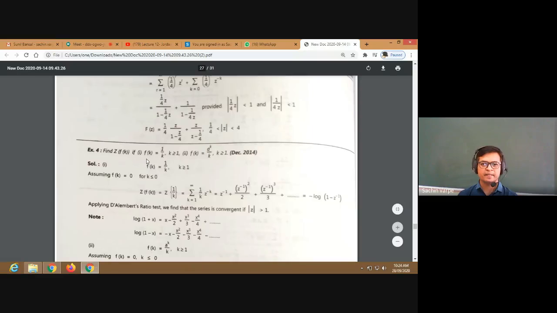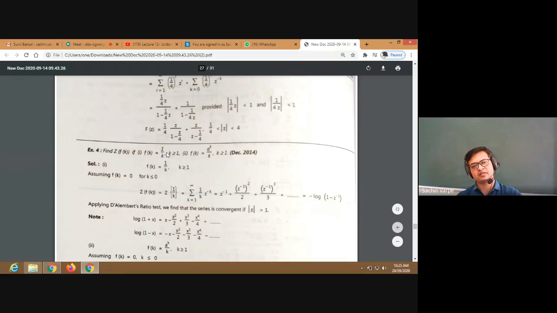Now here, first obtain the z transform of f of k equals 1 upon k for k greater than or equal to 1, and f of k is a raised to k by k for k greater than or equal to 1. So let us solve the first one. Actually here, you can attempt this example using the basic definition and also using the theorem, division by powers of k.